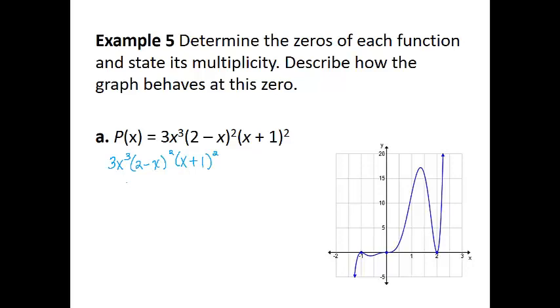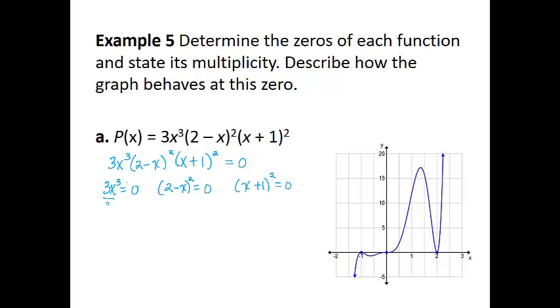So in this case, we have p of x equals 3x cubed times (2 minus x) squared times (x plus 1) squared. When we set that function equal to 0, we set each factor equal to 0 and solve. So we get 3x cubed equals 0, (2 minus x) squared equals 0, or (x plus 1) squared equals 0.